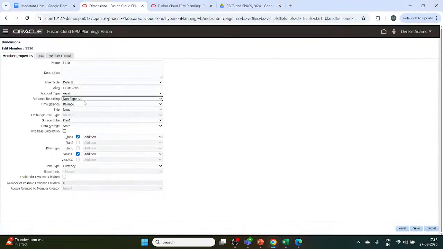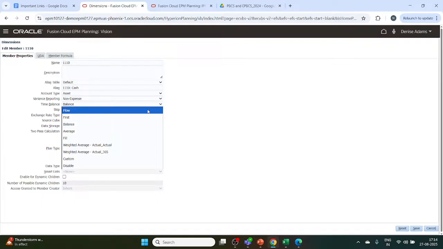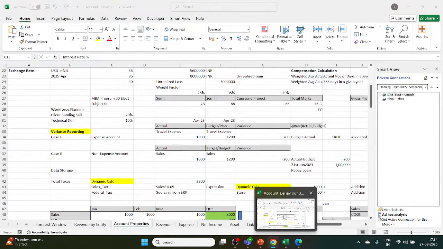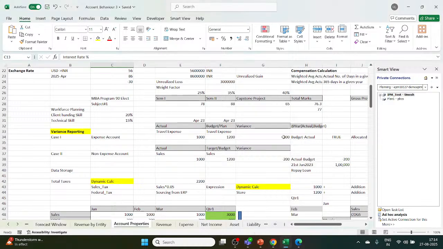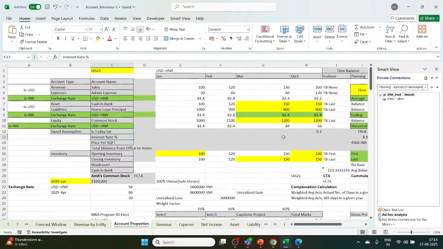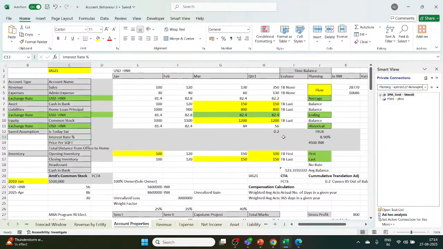So here the third thing is time balance property. You can see here flow, first, balance, average, which we discussed yesterday. So just revise things here, the time balance property is flow, average, balance.